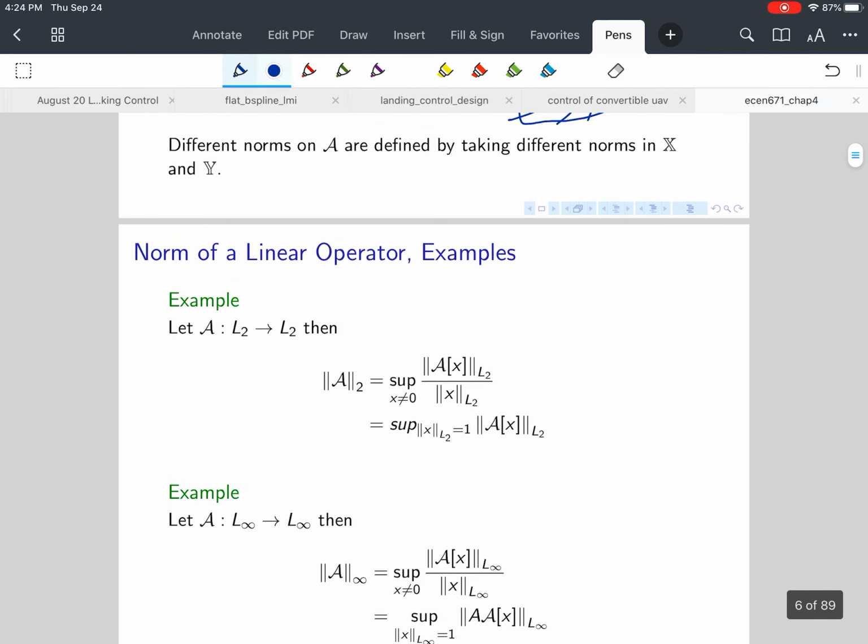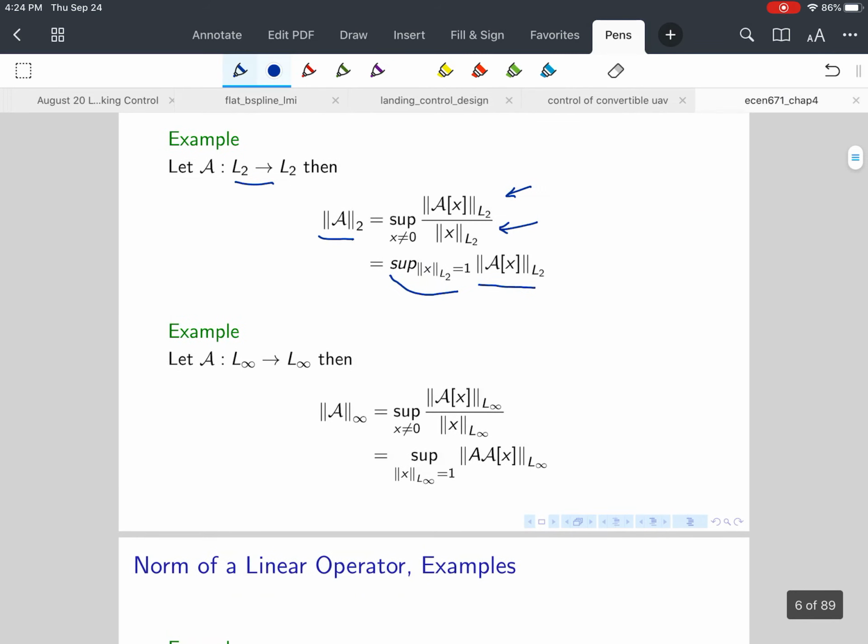All right, so let's do some examples. So if A takes L2 onto L2, then the 2-norm of A would be the supremum of the 2-norm of Ax, that's going to be a function, divided by the 2-norm of x over all x's that are not equal to 0. And that's the same thing as taking the supremum over all little x's whose function norm is equal to 1 of Ax.